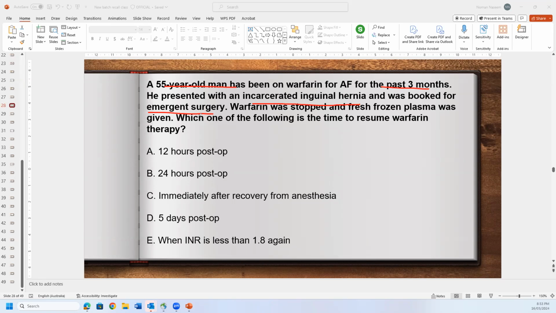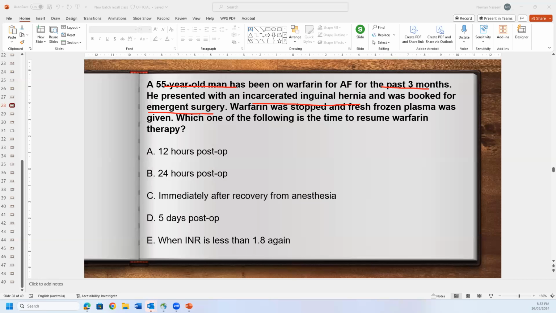So the maximum time period for starting warfarin is 24 hours post-op when the INR is in range. So for the first 12 hours, we just give the patient therapeutic Clexane or low molecular weight heparin. And then we introduce warfarin in the first 12 to 24 hours, but maximum 24 hours.